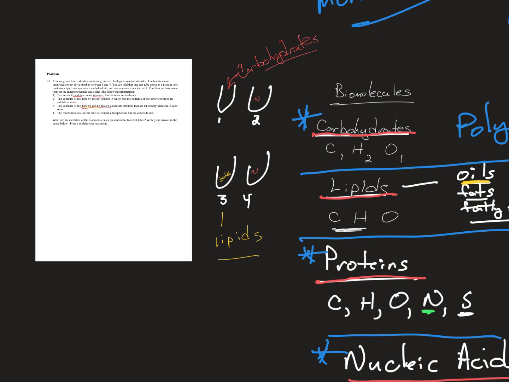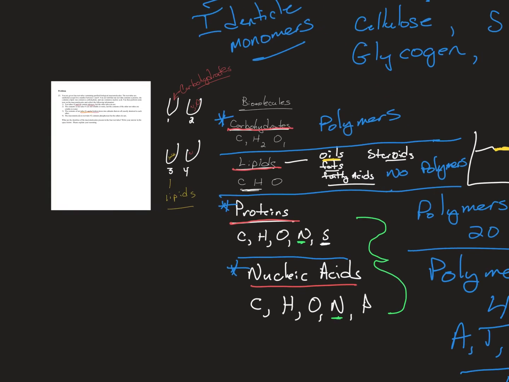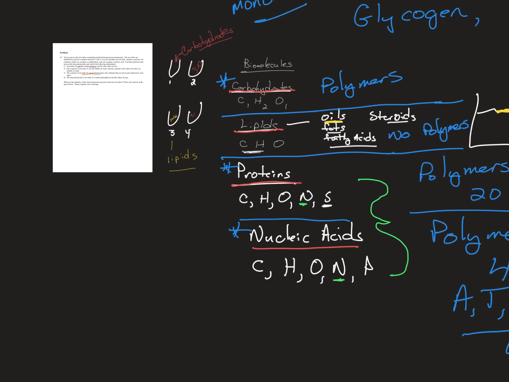All right, the molecule in test tube 2 contains phosphorus. So this has nitrogen and phosphorus. What possible molecule could that be? Which of these has nitrogen and phosphorus? It can only be nucleic acids. So that one turns out to be nucleic acids.